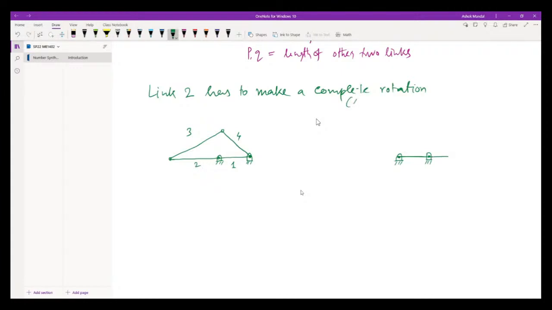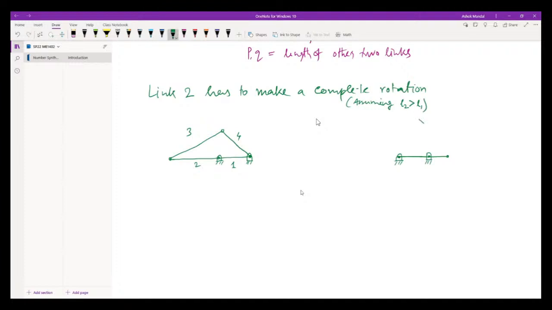So here we assume one thing, assuming the length of link 2 is greater than the length of link 1. This is our assumption. We started with this. Now, if that is the case, then with link 2, there is link 3.